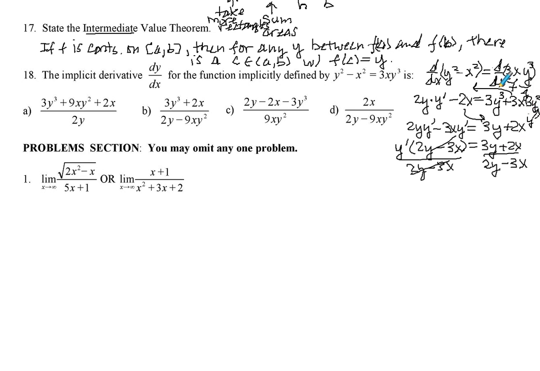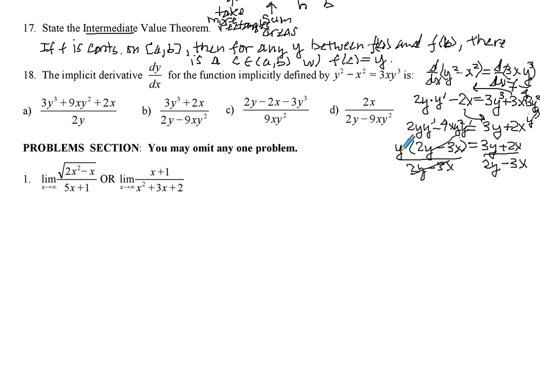So then we bring this term over on the left. 3 times 3 is going to make a 9 right there. And it'll be 9x y squared y prime. So this would be 9x y squared y prime.